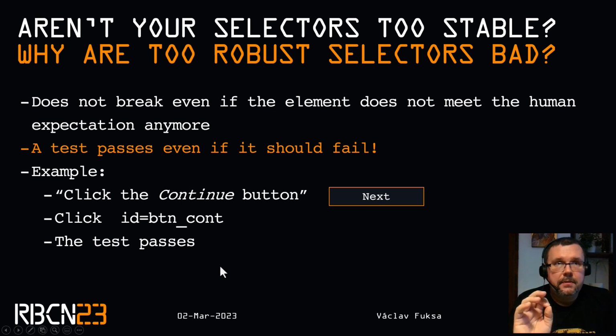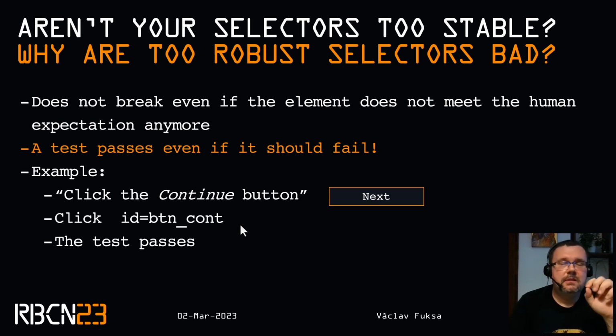To sum up, we want to click the continue button as it is in the manual scenario, but there is no continue button in the application and the test clicking on this button passes even if it should fail.